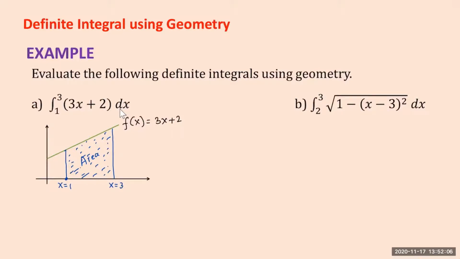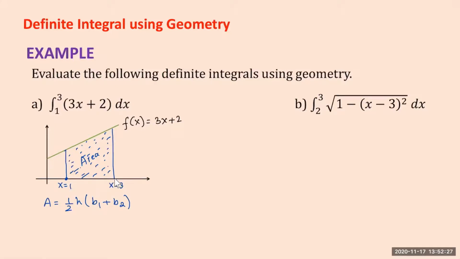Using geometry, the formula to find the area of a trapezoid is area equal to half times the height times base 1 plus base 2, half times height times the sum of the bases. So in this case, when I say the height, this distance is the height from here up to here.